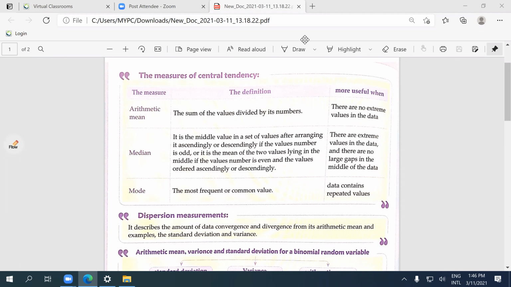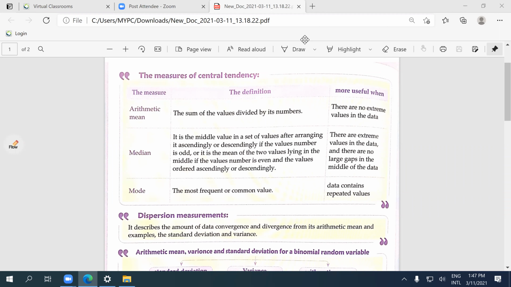We arrange ascending or descending, from least to greatest or from greatest to least, either way, and we take the middle number. If we have 2 numbers in the middle, meaning our data is an even number, you will take the 2 middle numbers, add them, and divide by 2. It means you get their arithmetic mean.